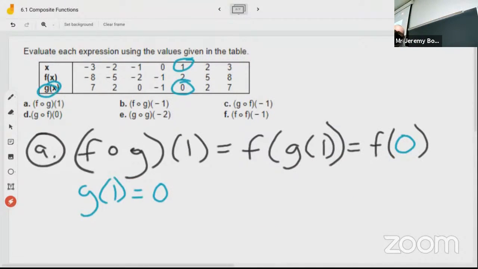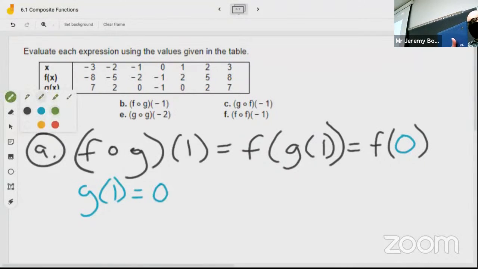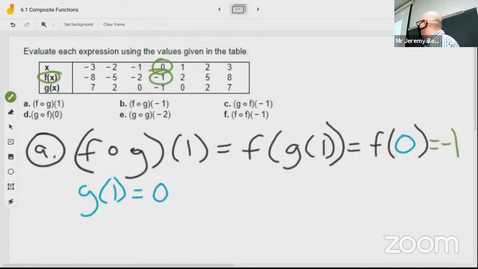We're going to put that into F now. And so we put a 0 into F. What do we get out? -1. So this is going to be -1. Any questions on that?